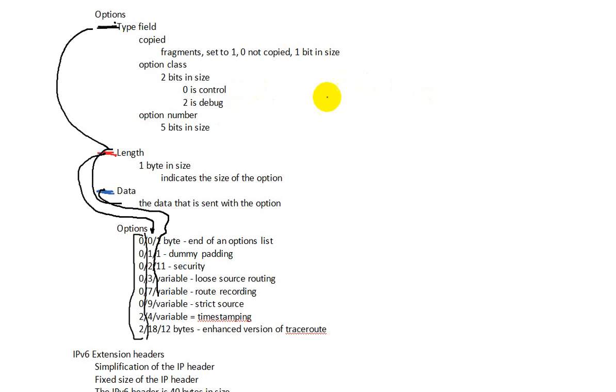So when we look at it, as you can see right here, we have an enhanced version of traceroute. So if we have 2 turned on, 18 is going to be the length of the size, which if you were to do this, this means you're going to use enhanced traceroute, and then because the IP header can only hold 9 32-bit IP addresses from each router that the traceroute was passed through, that means you're going to have up to 36 bytes that it can possibly take up.